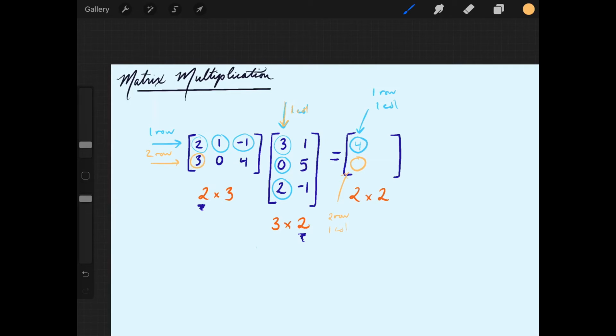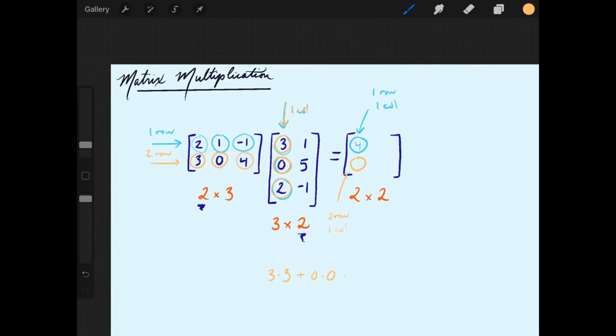So here we go. My first number in the row is a 3, and I'm going to multiply that by the first thing in this column, which is also a 3. So I have 3 times 3. Now we're going to add something else. What do I add? I'll take the second thing in the row and multiply it by the second thing in the column. So 0 times 0.